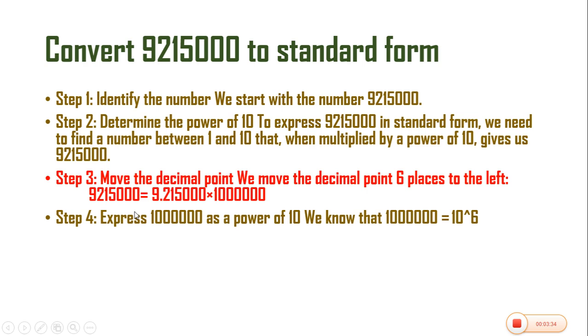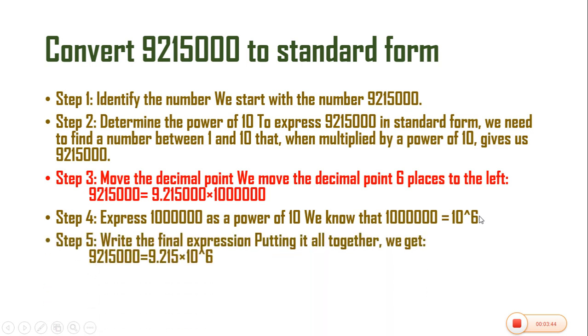Step 4. Express 10 million as a power of 10. 10 million, when expressed as a power of 10, gives us 10 raised to the power 6. Write the final expression by putting them together. 9,215,000 is equal to 9.215 times 10 raised to the power 6.